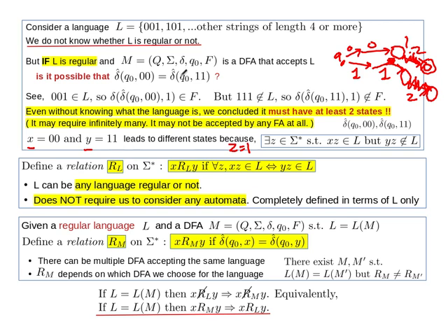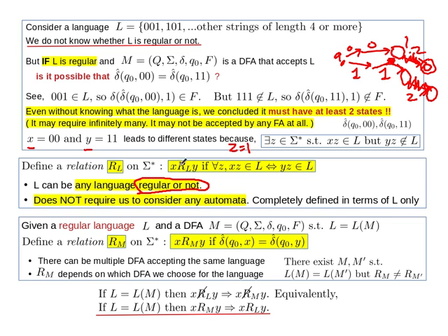Now, here we were talking about DFAs and the transition function, but if you just look at this definition and forget about that part, this definition works for any L, whether it's regular or not. Even for a non-regular language, you can define an RL. Whatever that RL will be is a different thing, but we can define RL for any L, because this definition does not require us to consider any automata.